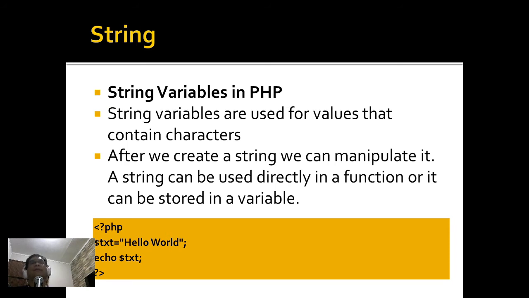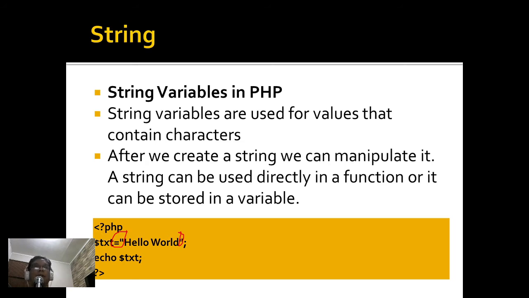Then, string variables in PHP. String variables are used for values that contain characters. After we create a string, we can manipulate it. A string can be used directly in a function or it can be used in a variable. A string in PHP should be enclosed in double quotes, just like in this example, or single quotes.